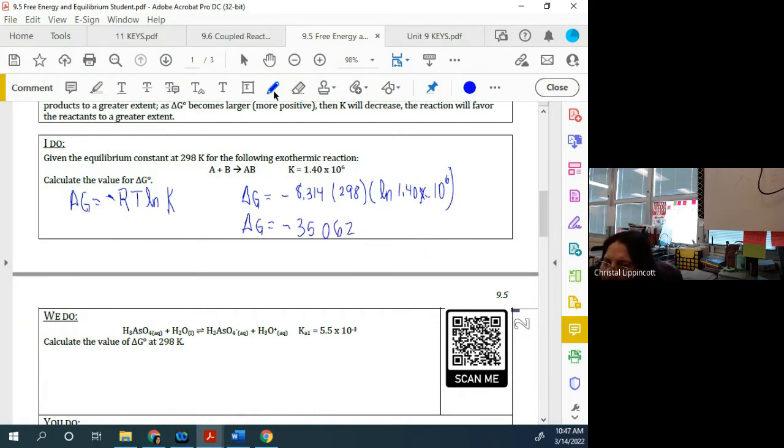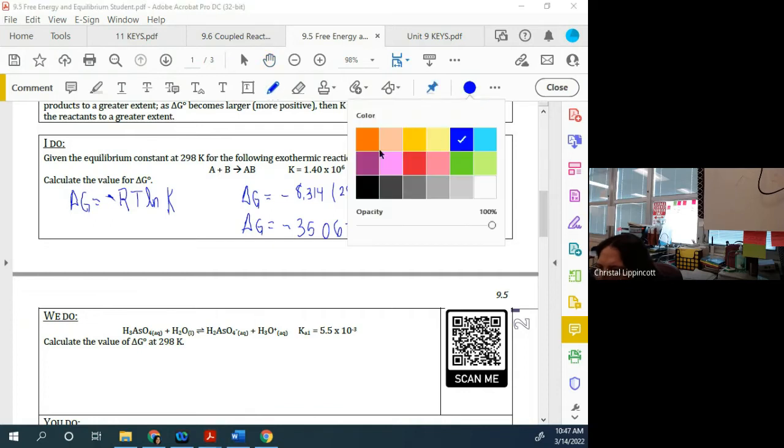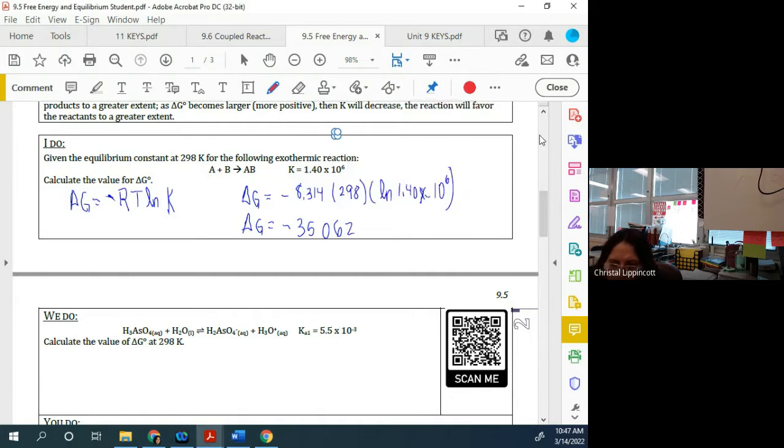And what are my units? Well, we have to go back and look at what our units are here. My units for R were joules per mole Kelvin, and this is Kelvin, and K is unitless.